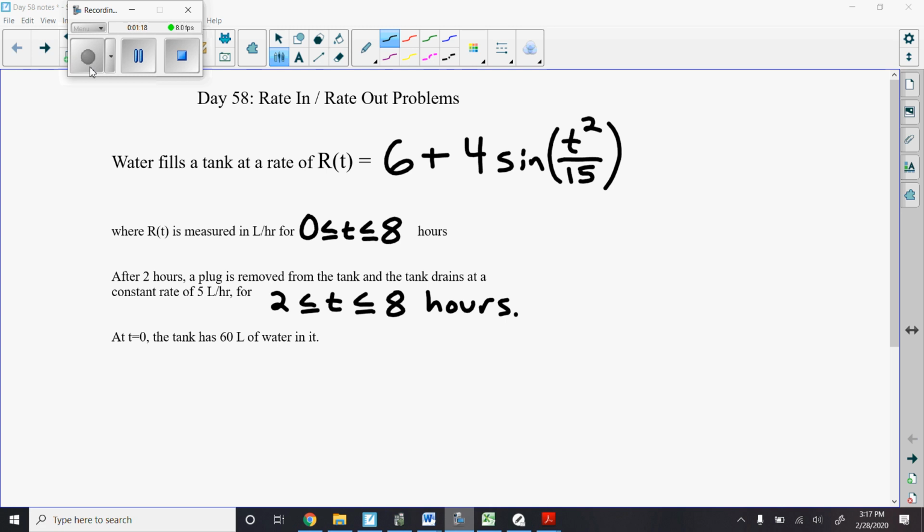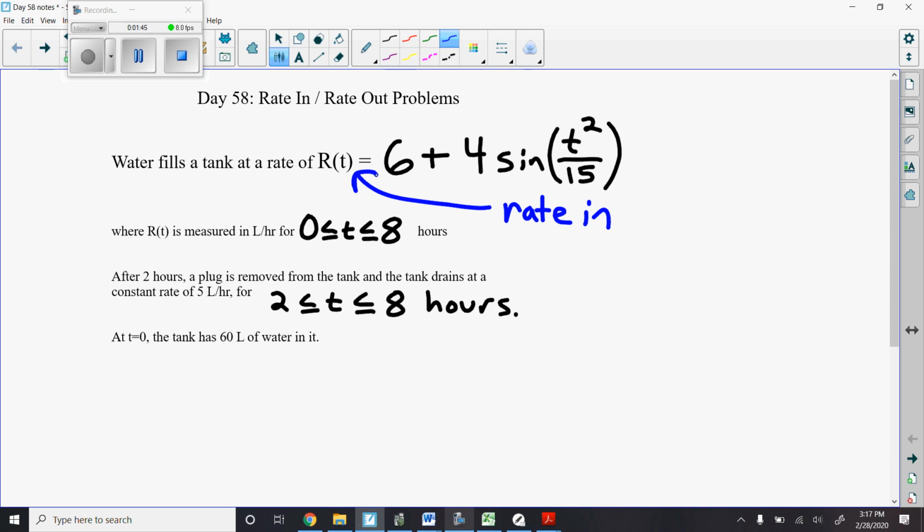This is an example of a calculator problem. So R of t then is my rate in. So my rate in is R of t. Okay. So that's the rate at which water fills a tank.